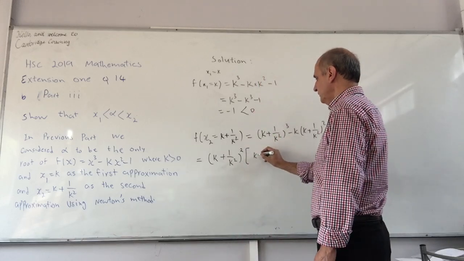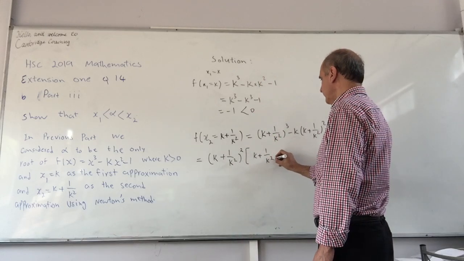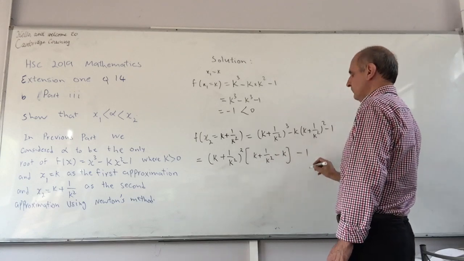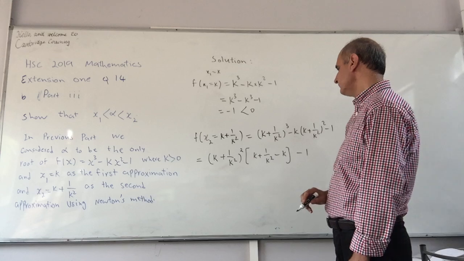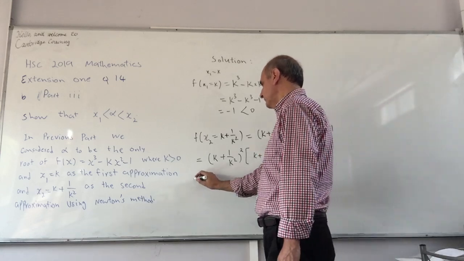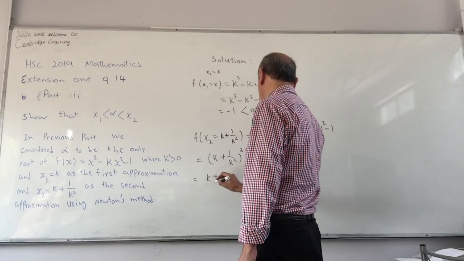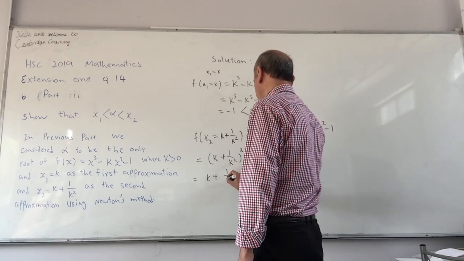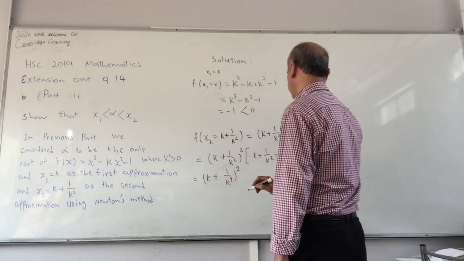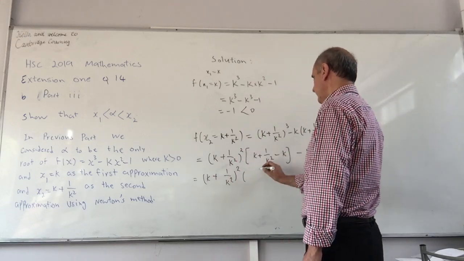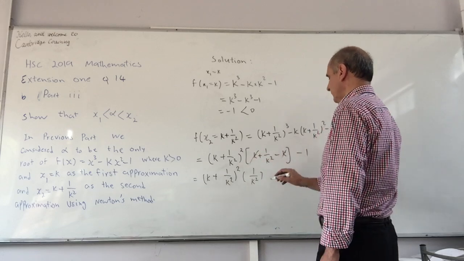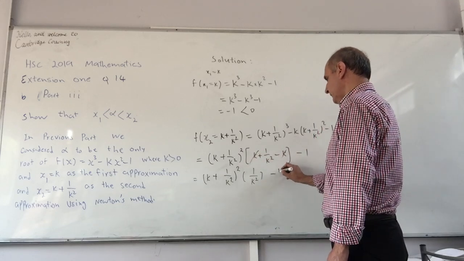From that you have only k plus 1 on k squared left, from that you have only k left, and this minus 1 stays outside. Now in this second bracket, k and minus k cancel out, so you get k plus 1 on k squared, and inside that you have 1 on k squared, because k and minus k cancel, minus 1.